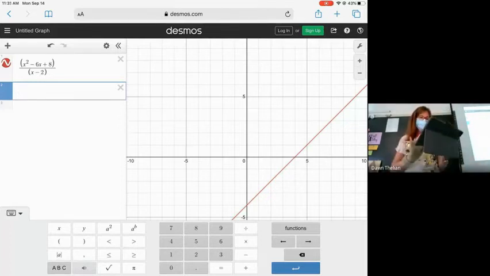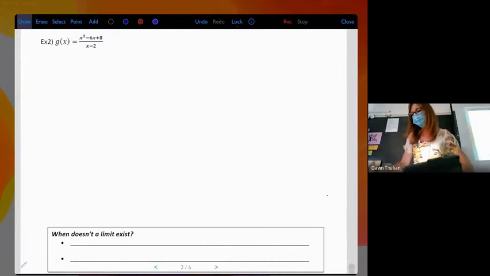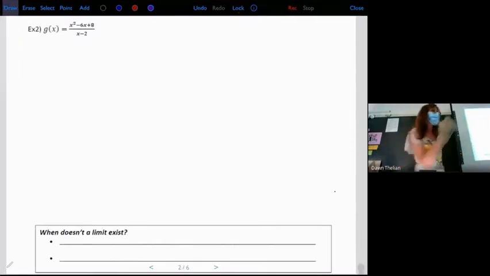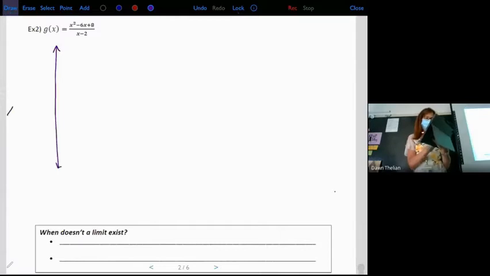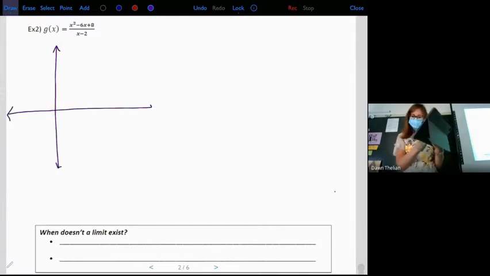So let me just go back to the notes. Let's draw a little sketch of what we saw. We would have to put a bullet hole. I almost went to write on the board. I forgot I'm writing on here. At 2. So we had this y-intercept. I didn't draw attention to it, but it was actually down here at -4.